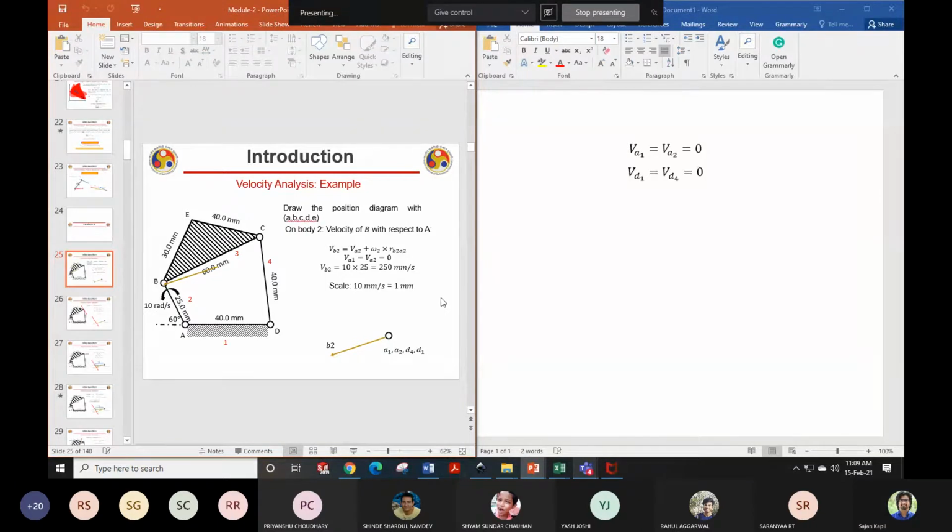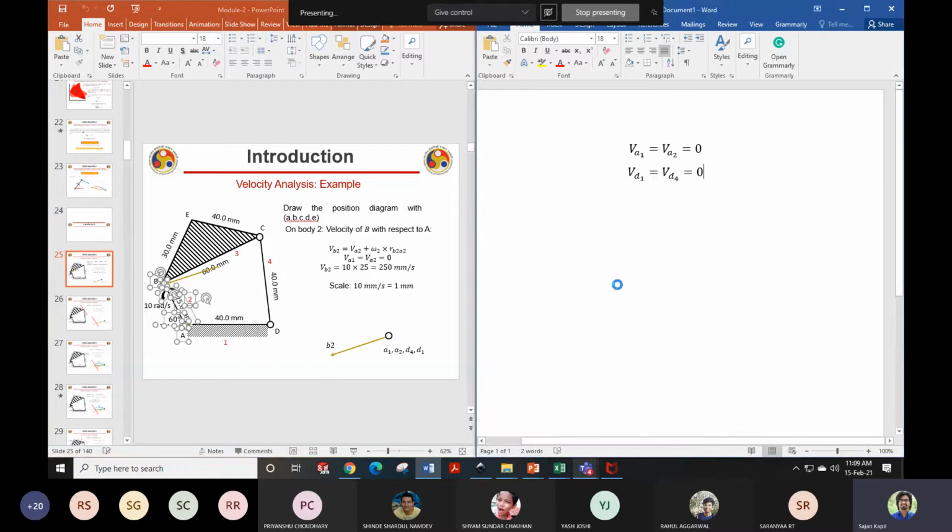Correct? Now let me consider this particular body, body number 2. What are the points available on body 2? Point A and point B. Let me just first draw this. I am currently interested only in this body.